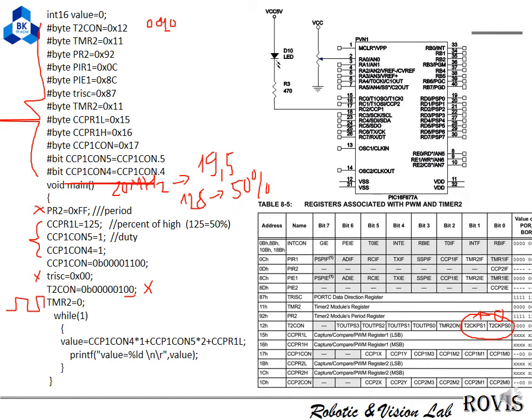After this step, the PWM mode will be generated, and after this line the PWM signal is generated on the pin CCP1. This is pin 17 here, and we will see that the LED will be bright.